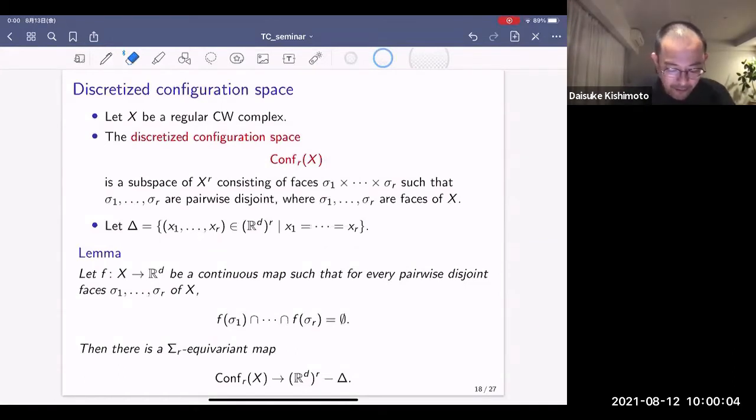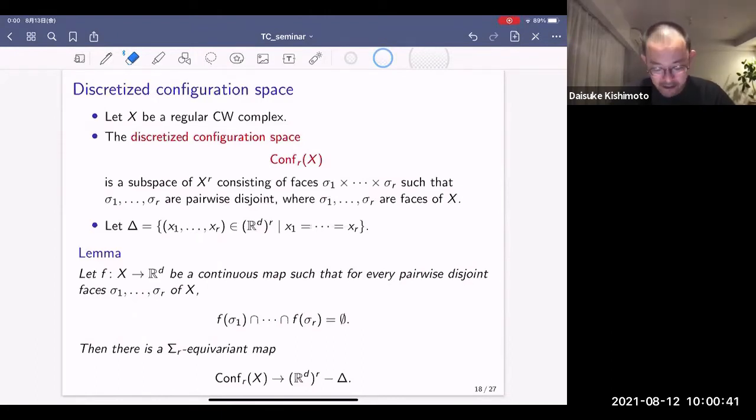Let F be a map from X to R^D such that every R pairwise disjoint faces of X do not intersect if they are mapped by F. Then there is a Sigma_R equivariant map from Conf_R(X) to the complement of delta. This map is just a restriction of the product of F.